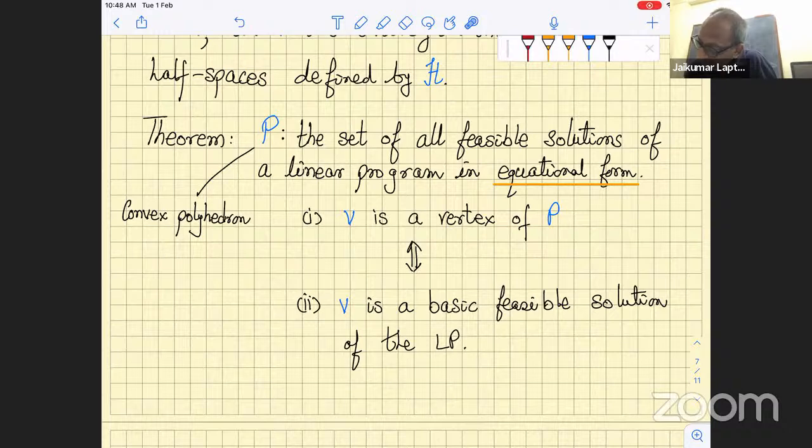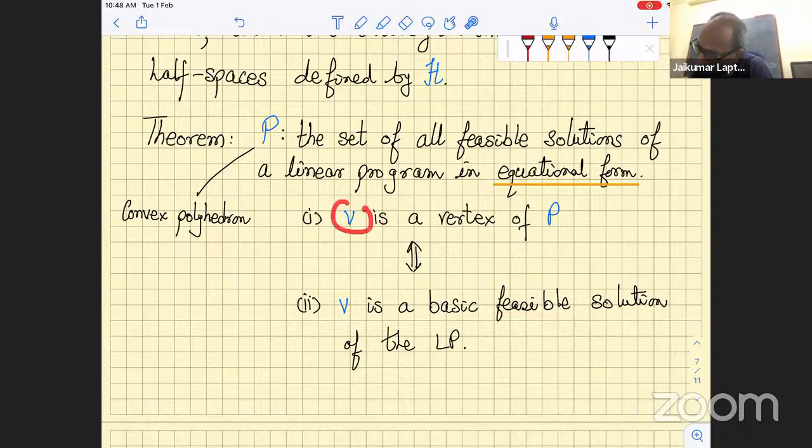Suppose v is a vertex of P. What does that mean? That means there is an objective function which takes the best optimum value at v, but we know that there is always a basic feasible solution which takes the same value as v.